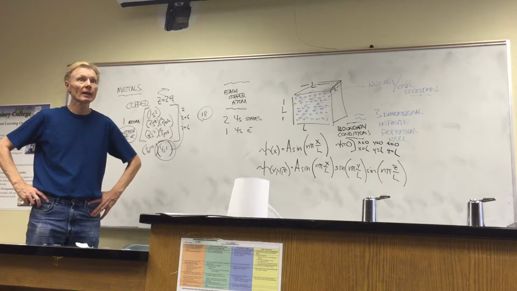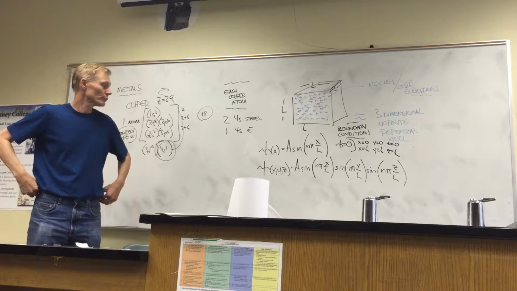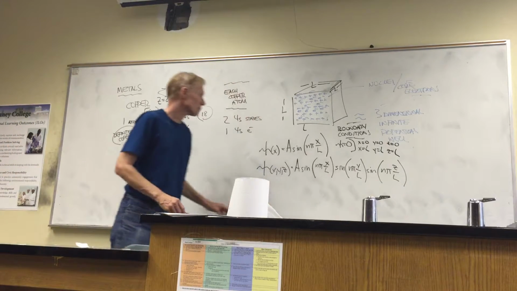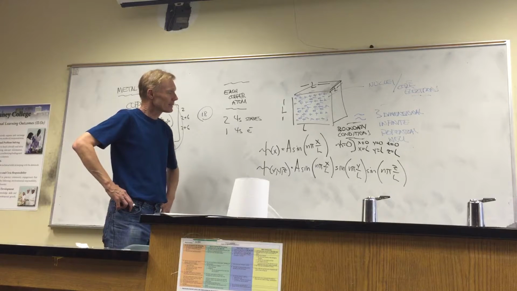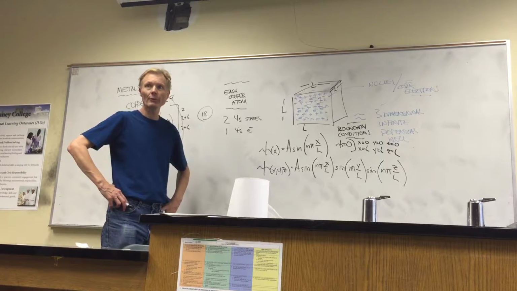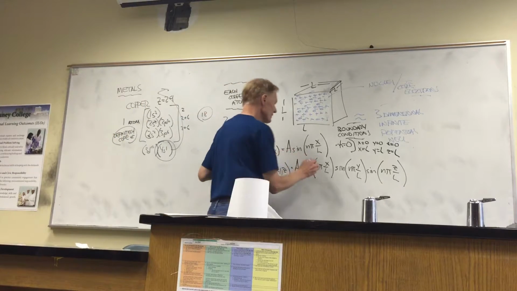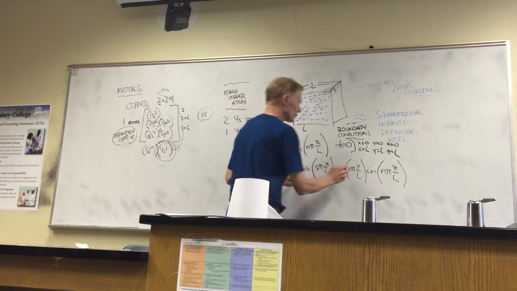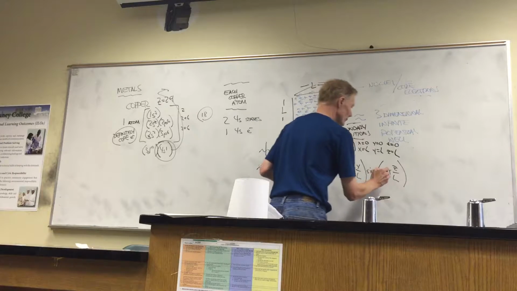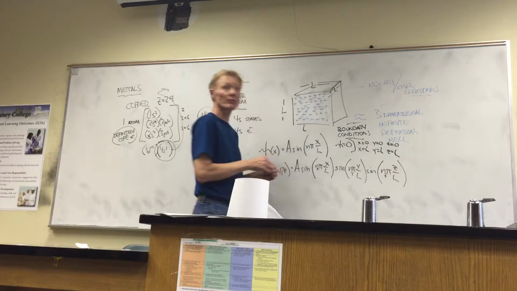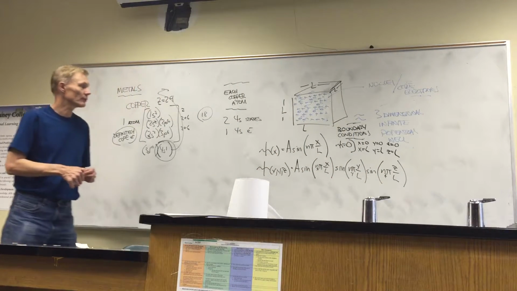Okay, that will work as a wave function. Except I have to do something with my n's. I got three different n's going on. So I'm going to have to say, well, this is the n for the x direction, this is n for the y direction, and that's n for the z direction. Okay.